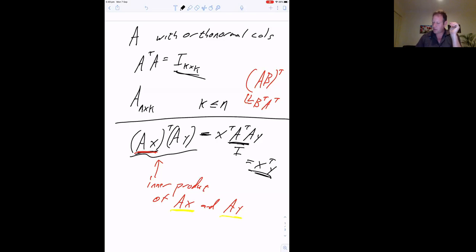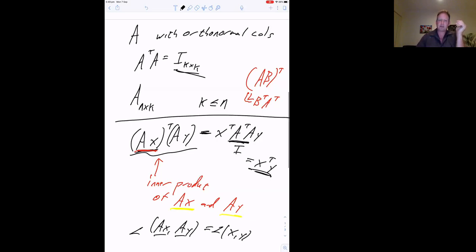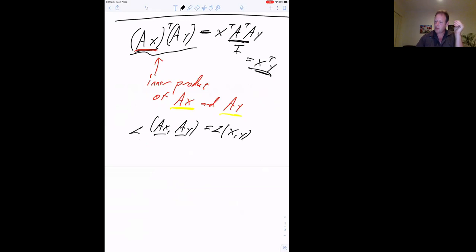So if inner products are preserved, then also the angle between the two images of this linear transformation is the same as the angle of the two vectors. And also, you can do AX transposed times AX.